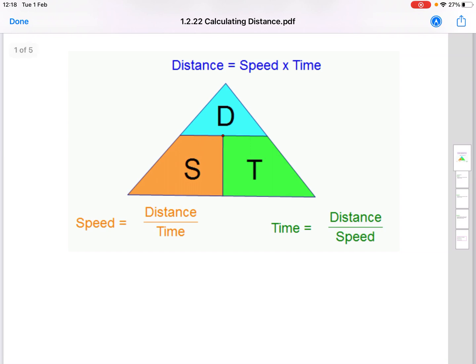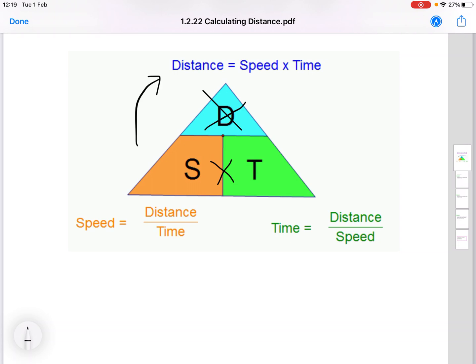Alright, so today we're going to be looking at distance, and what I want you to imagine is if you were to cover up the D in the triangle for distance, the 2 letters that remain are S and T, and they're side by side in the triangle. Now what we would know from algebra is that if 2 letters are side by side, it's a multiply, okay? So that's where this formula up here comes from.